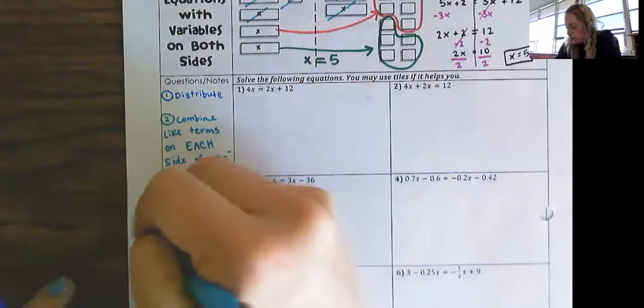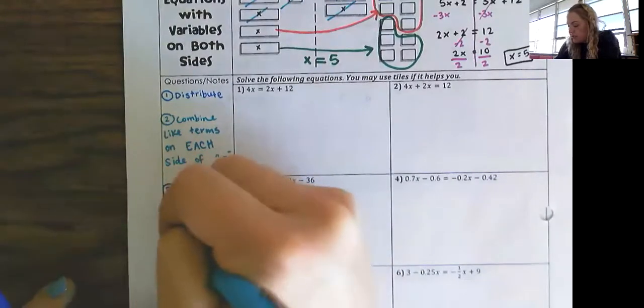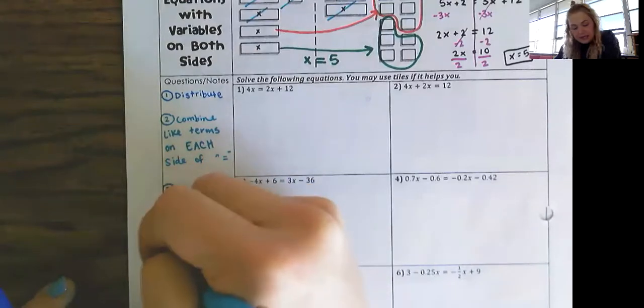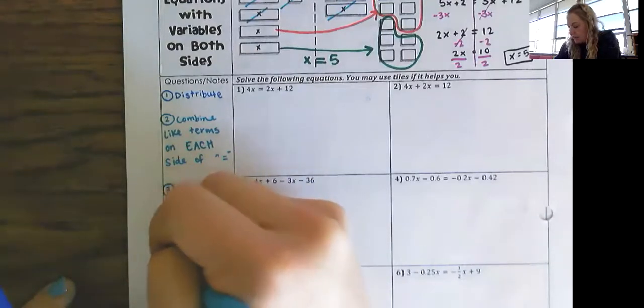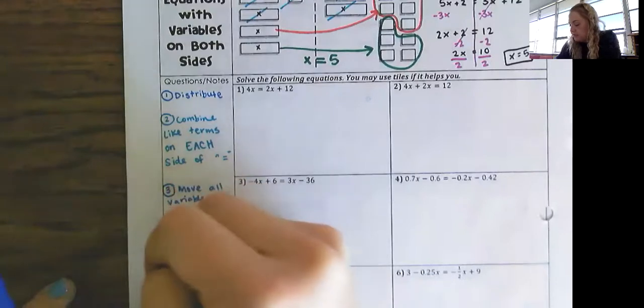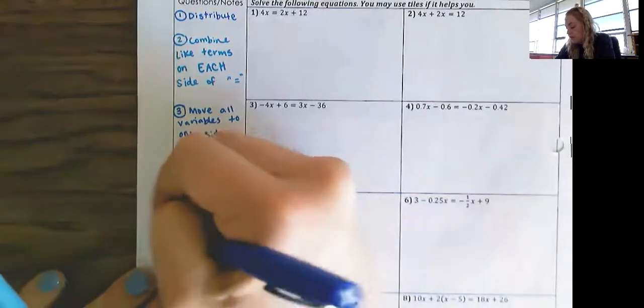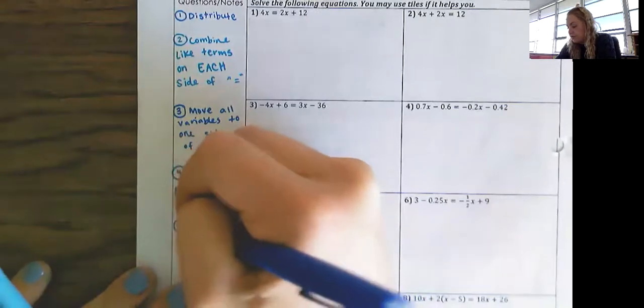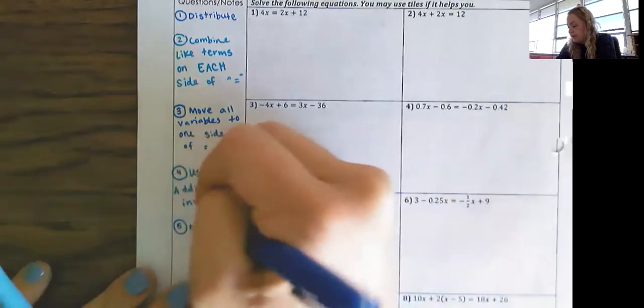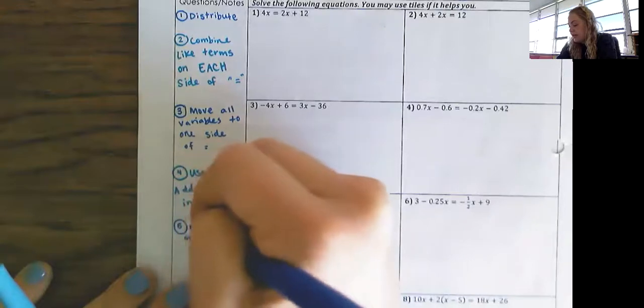Step 4, you're going to use additive inverse. So either the addition property of equality or the subtraction property of equality, whichever one. And then step 5, you are going to multiply or divide.